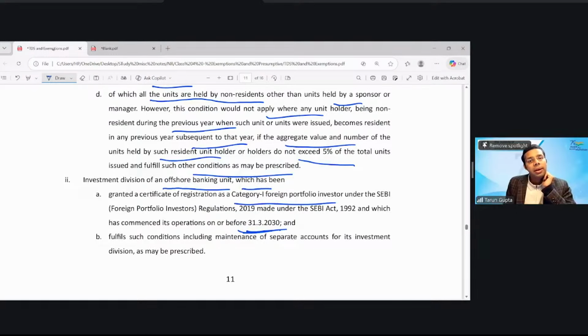So if the foreign bank opens an investment unit in IFSC and gets it registered as category 1 FPI before 2030, then also the income of such investment unit shall be exempt under this section. Such investment unit shall qualify as specified fund. It must fulfill such other conditions, including maintaining a separate account for its investment division, as may be prescribed.